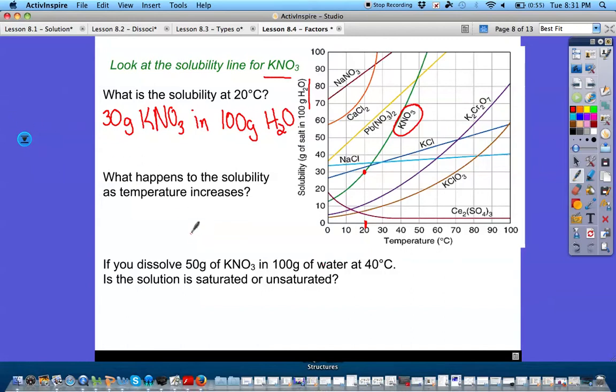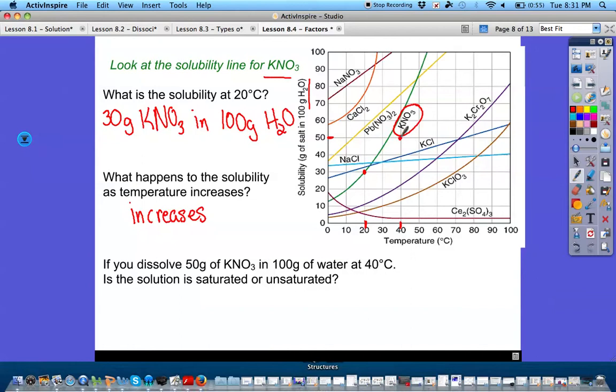So what happens to the solubility as temperature increases? Well, as temperature increases, the solubility for potassium nitrate is also increasing. Say you dissolve 50 grams of potassium nitrate in 100 grams of water at 40 degrees Celsius. So here's 50 grams, and here's 40 degrees Celsius.